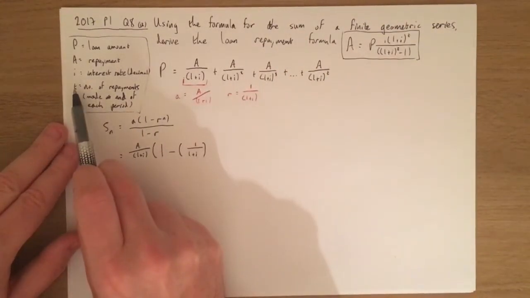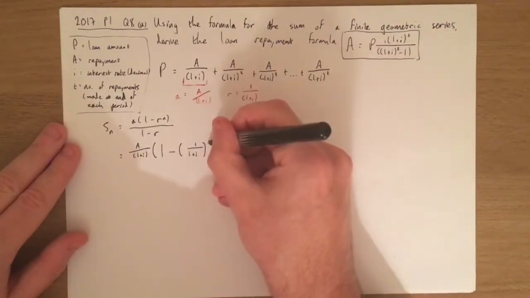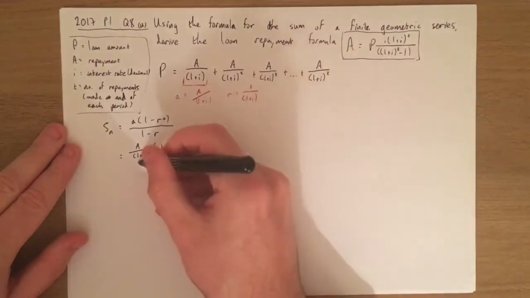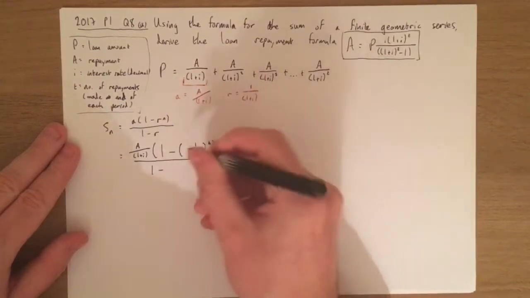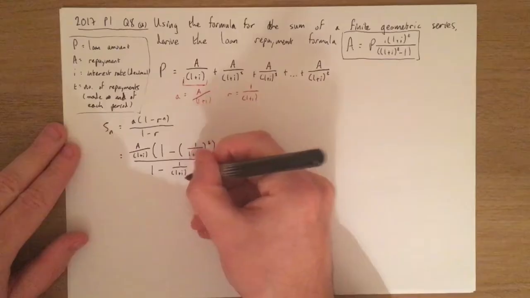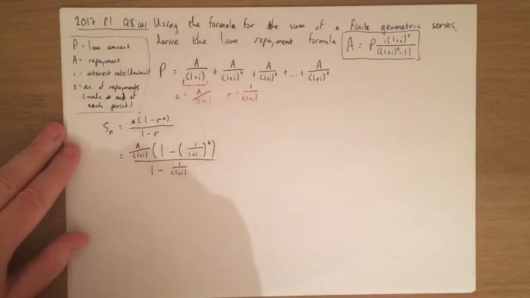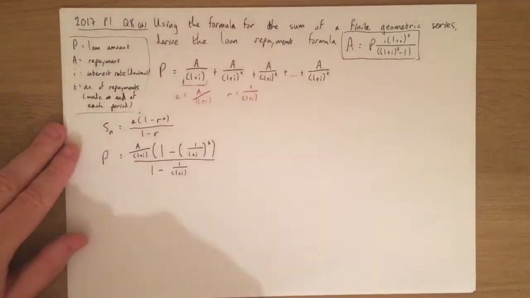For me, it's t repayments, so my n is t in this case, over 1 minus r. So over 1 minus, and my r is 1 over 1 plus i. And then this should add to the amount that I am borrowing, the loan amount, which is P in this case.